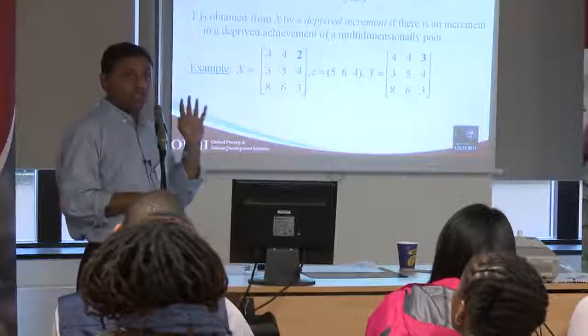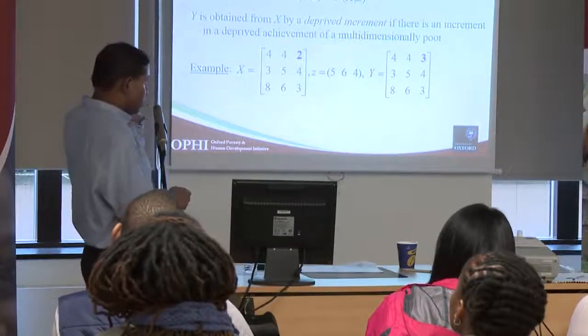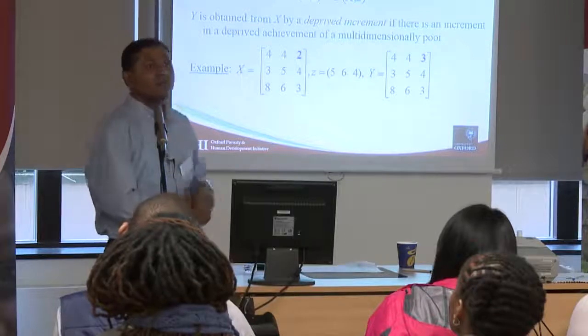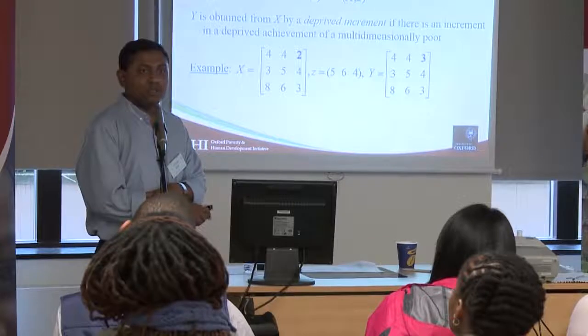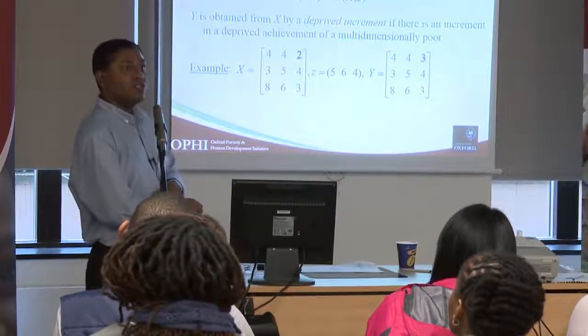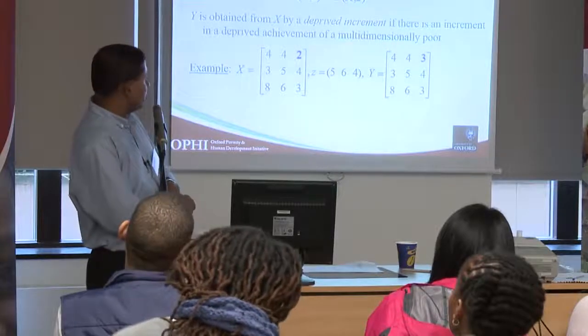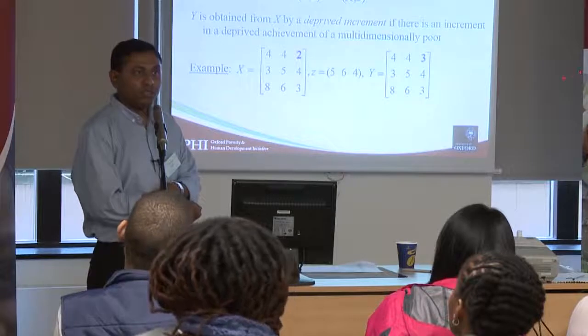So even if you use the strictest criteria, this person is identified as multidimensionally poor. And if this person has, suppose, an increment in the achievement, the opposite of a decrement, what should happen here? Poverty should fall. So if you move from here to here, poverty should fall. If you move from here to here, poverty should increase.